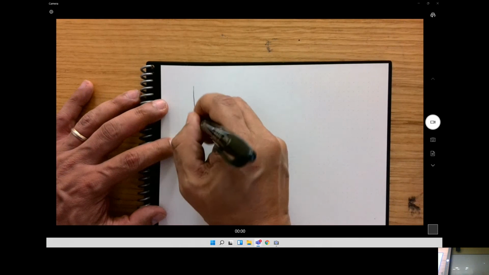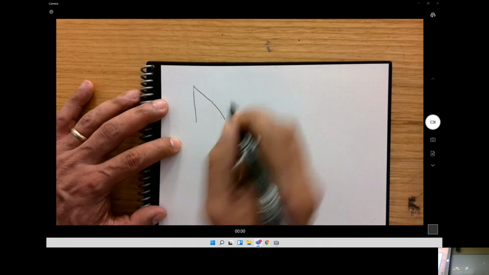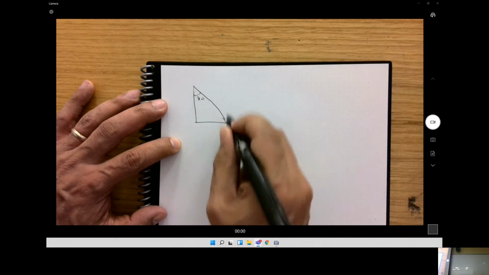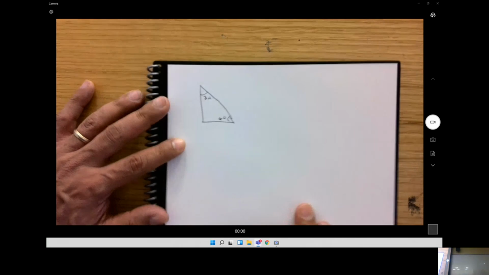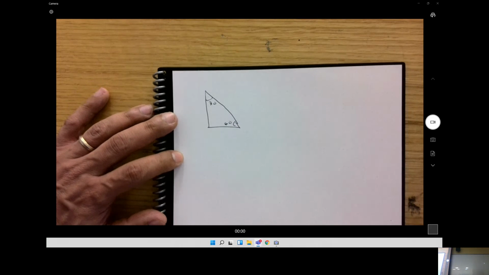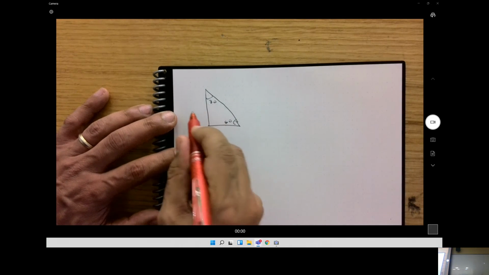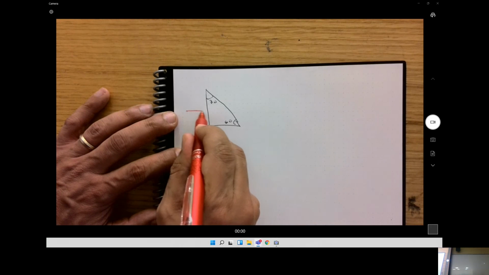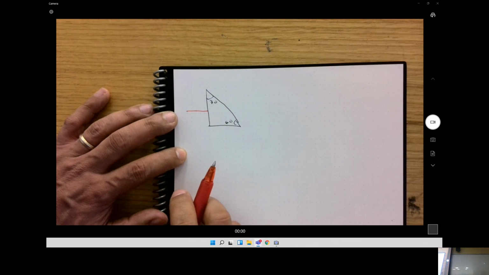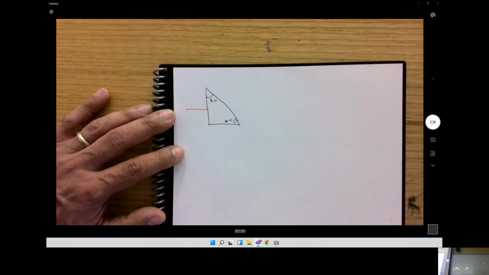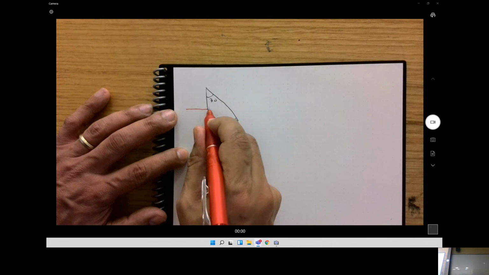Okay, last problem. We have a prism, and again, it's a 30-60 prism. And I'm gonna shine a laser on it, and it goes perpendicular to the first face. So remember, if you are completely perpendicular, there's no refraction.